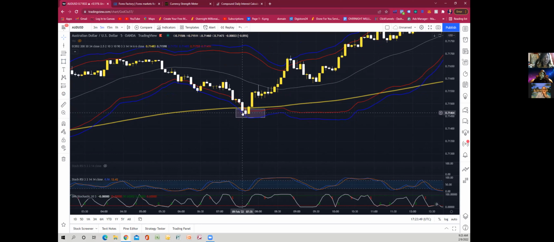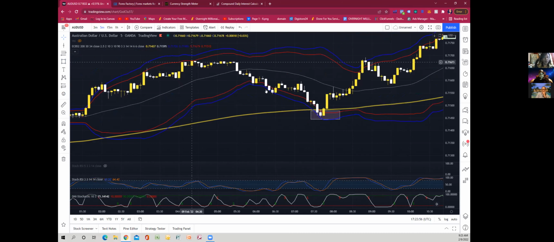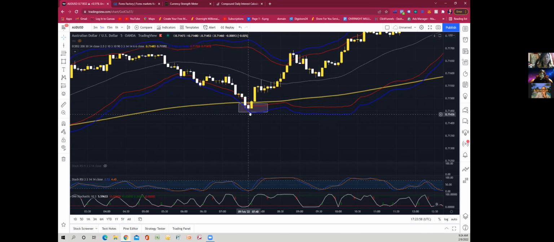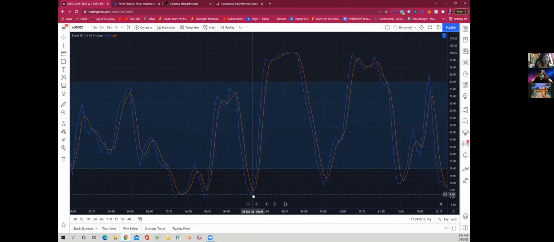We are touching the outside Bollinger Band. Now it could be the inside Bollinger Band, but when it touches the outside, that's real good. So it's touching the outside Bollinger Band, and it's also, look at here, making that cross up.